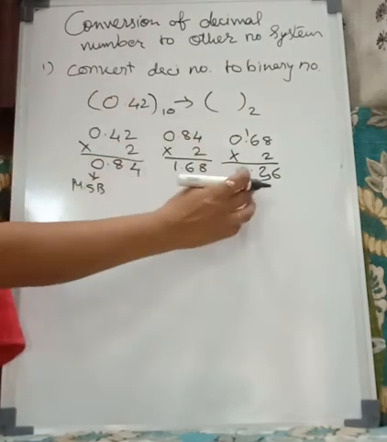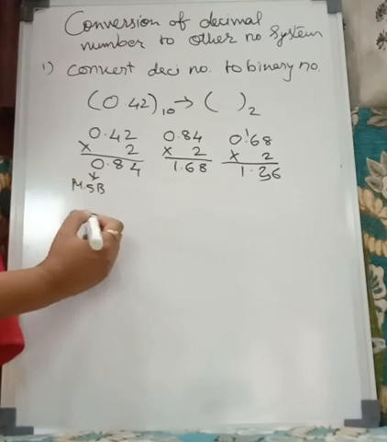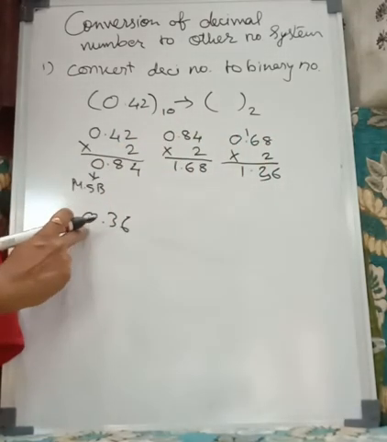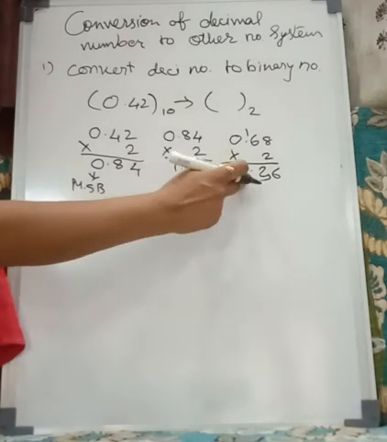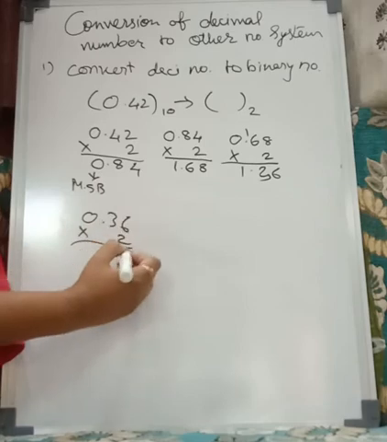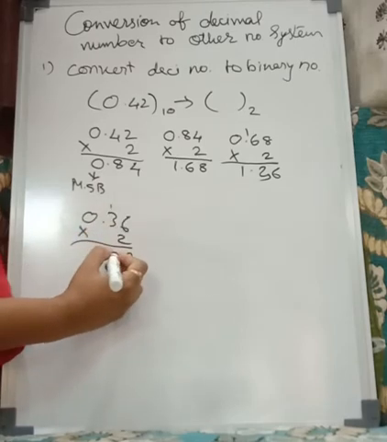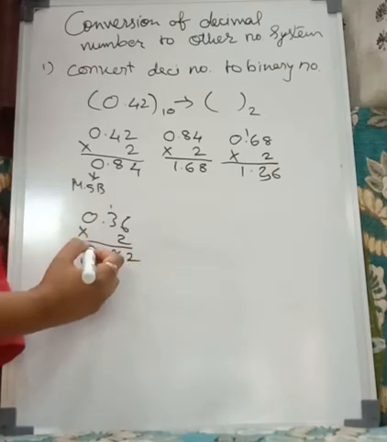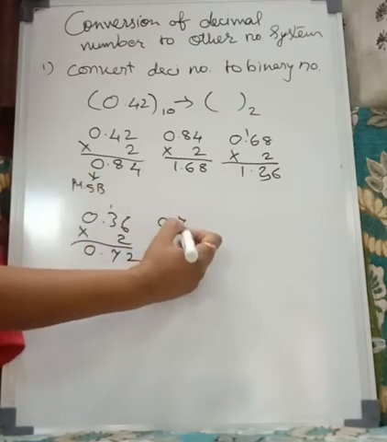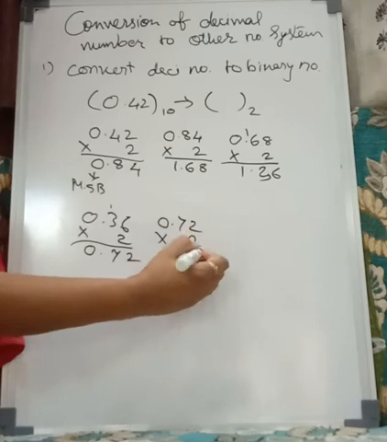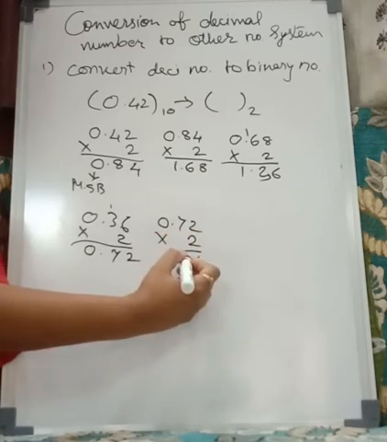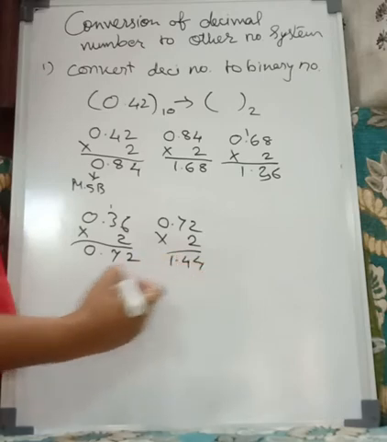Okay, so the further step will be 0.36, as I told earlier why we take this as 0.36 and keep the 1. So 2 6s are 12, 2 3s are 6, and this is 7, so it is 0.72. Further, 0.72 into 2: 2 2s are 4, 2 7s are 14, so this will be 1.44.